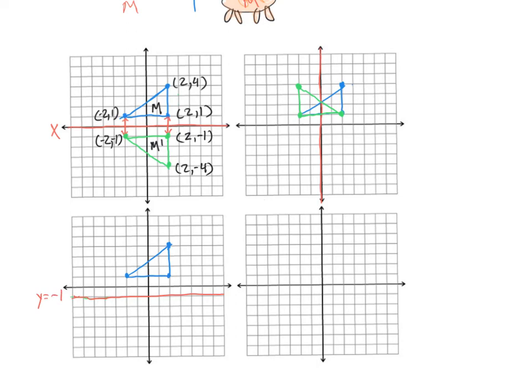Well, it has to be equidistant from the line of reflection. So here, this is 2. So this one should be 2 down, and 2 down, and then down. So there, our new image from M to M prime is equidistant.